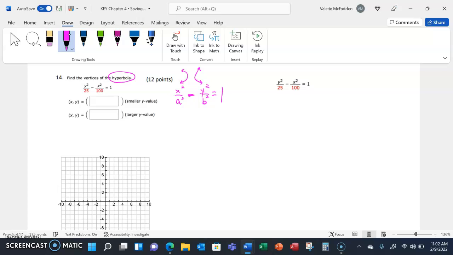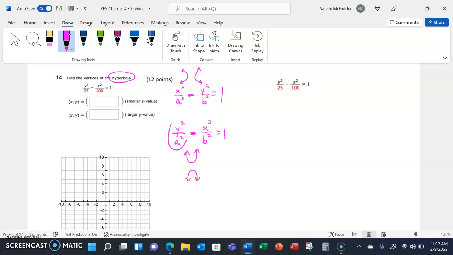Those are the hyperbolas that open left, right. If the y squareds come first, if you have y squared over a squared minus, because hyperbolas always have a minus, x squared over b squared equals 1, these are the hyperbolas that open up or down.